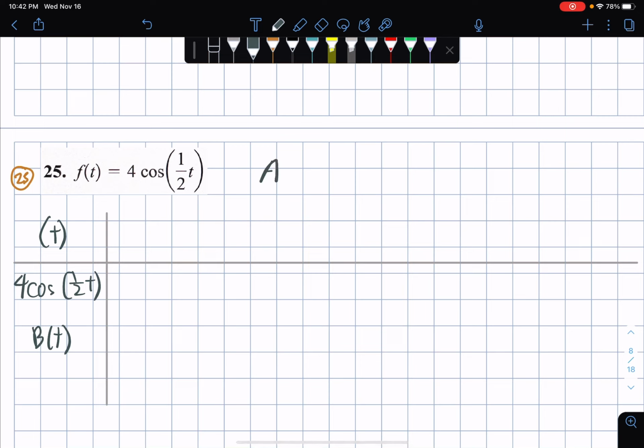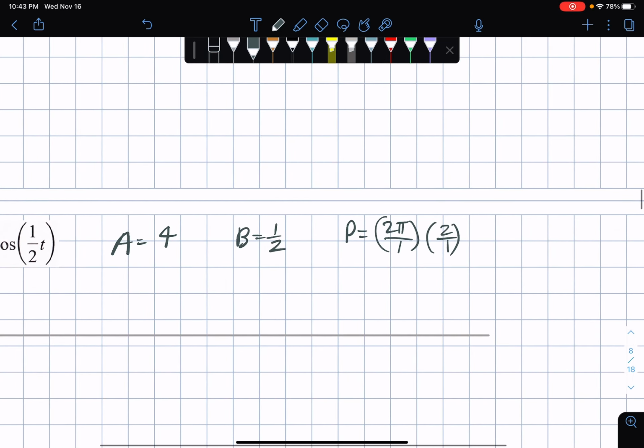So, amplitude is 4, the b value is 1/2, therefore for the period, pi over 2 divided by 1/2, or times 2 over 1, is basically 4 pi.